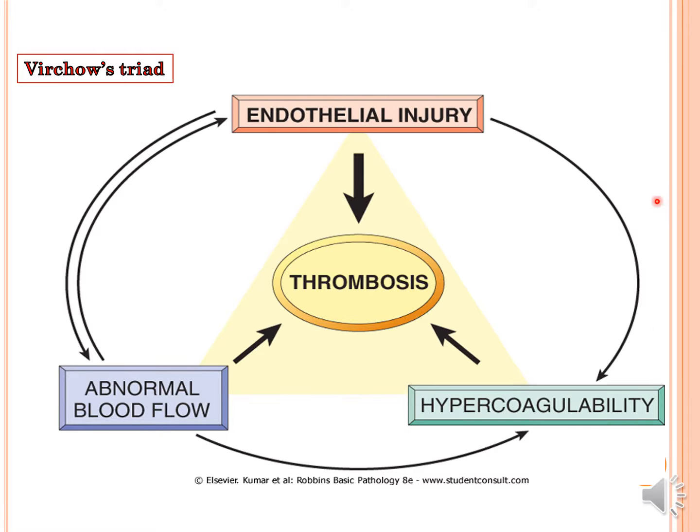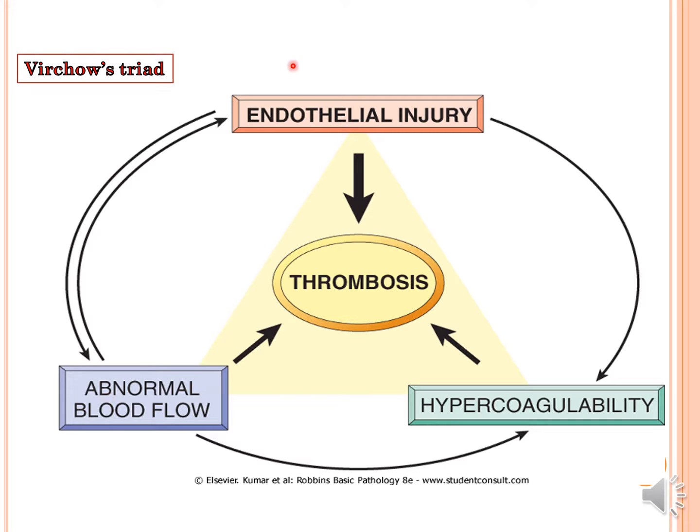Each one of those factors can independently lead to thrombosis. Sometimes, at certain circumstances, one, two, or three of these factors can be happening at the same time. And sometimes one of those factors can lead to the other factor.